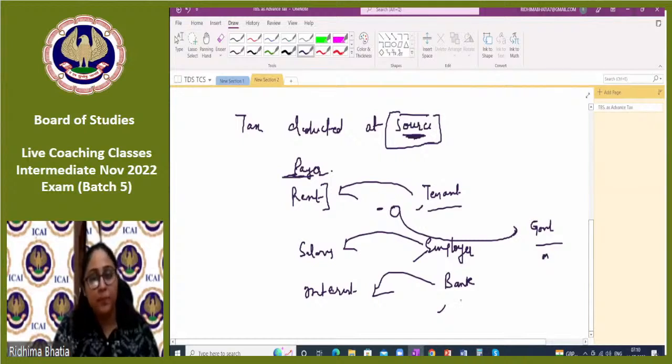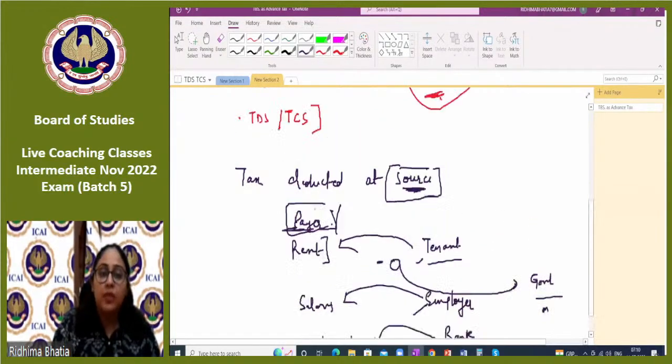Tenant, employer, bank, right? They will make the payment to the payee, whom you would call the assessee, but here we'll use the term payee or the deductee. While making the payment, the source itself will deduct an amount and deposit it to the government on behalf of the assessee.